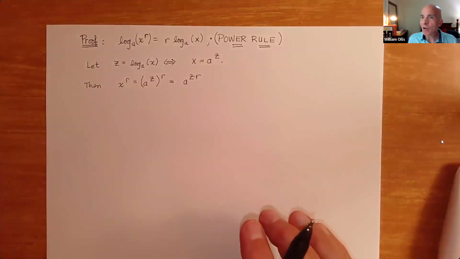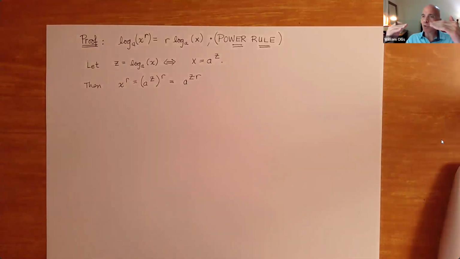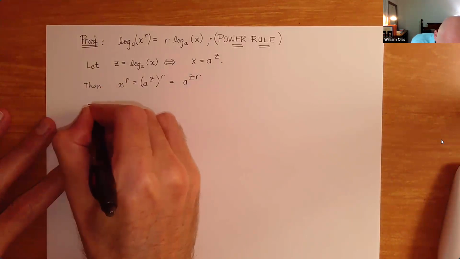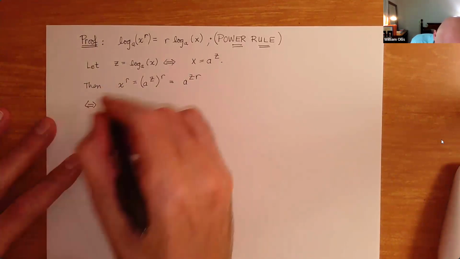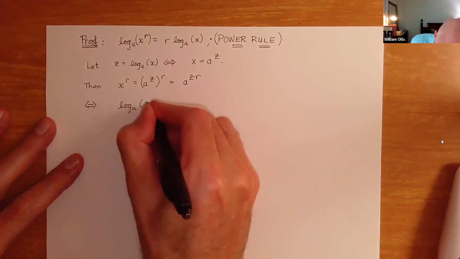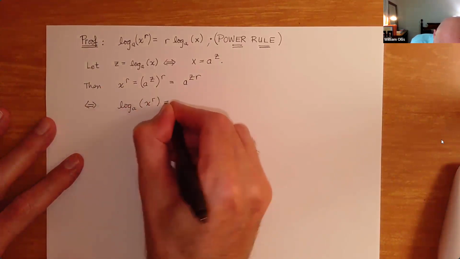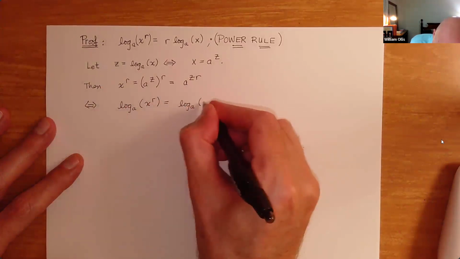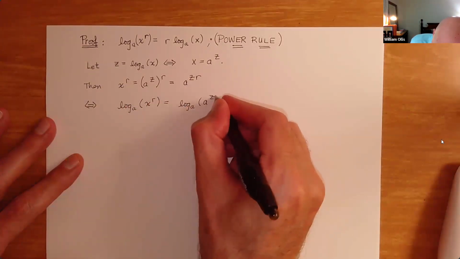Okay, now we go forward and now we go backwards. We toggle again. So if and only if, we'll now say the base A logarithm of x to the r is now the base A logarithm of A to the zr.